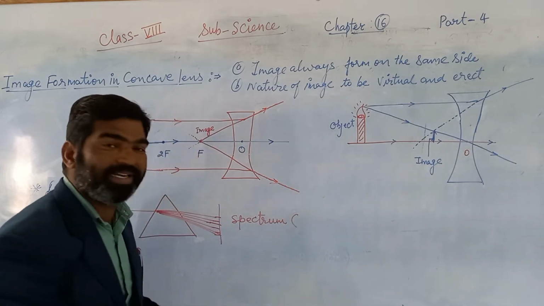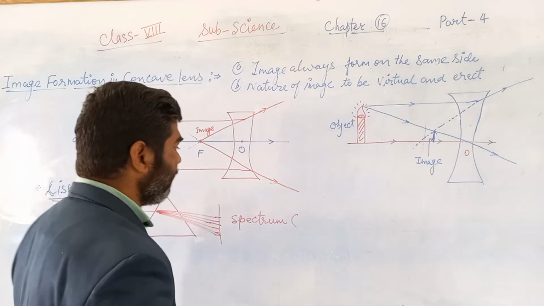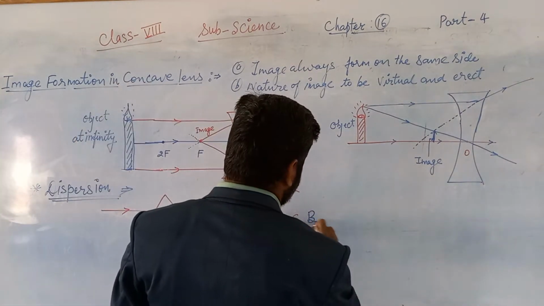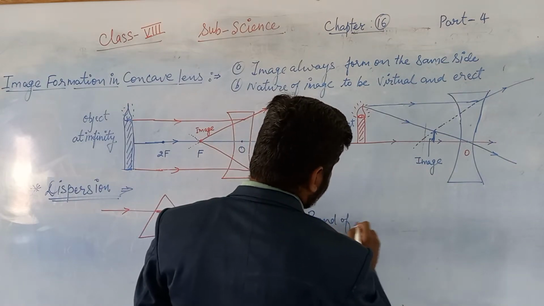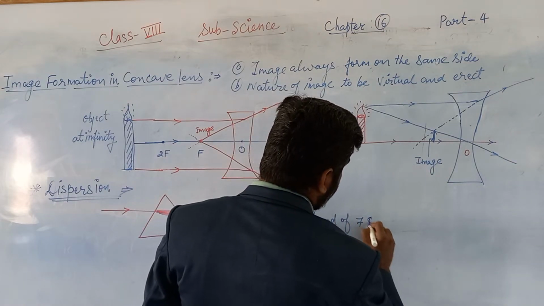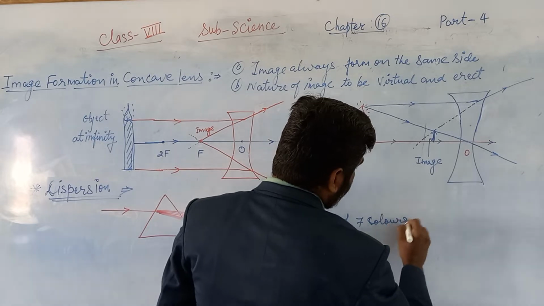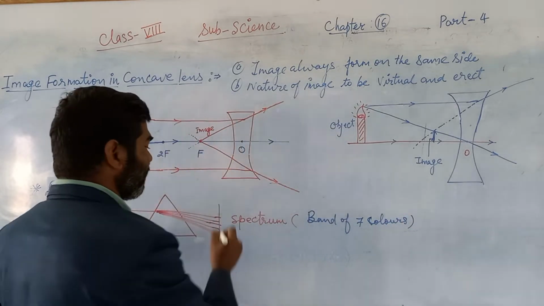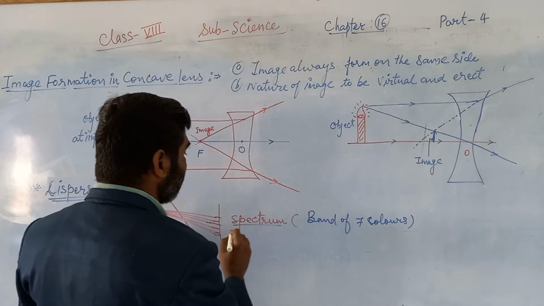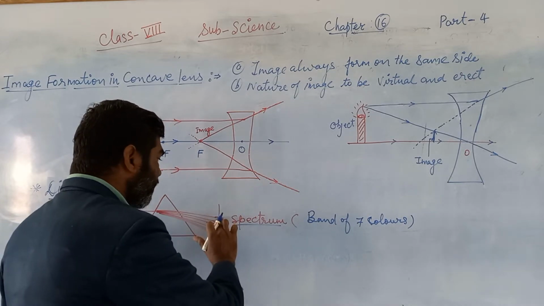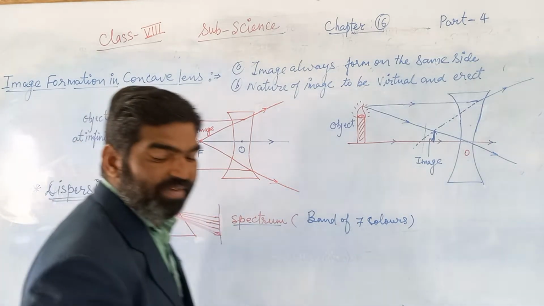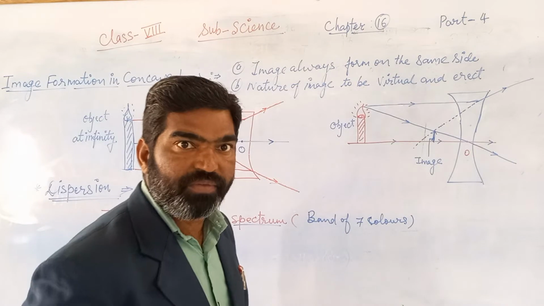A spectrum is nothing but a band of 7 different colors. And in this spectrum, we are getting the 7 different colors.